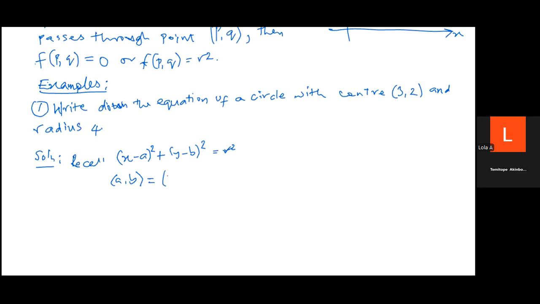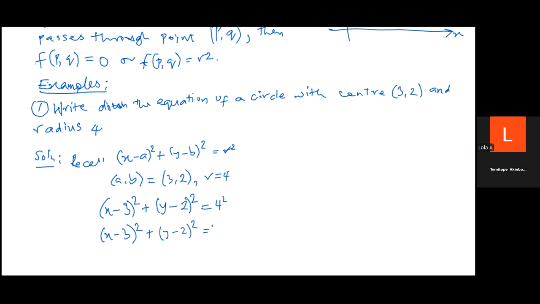So a is 3, b is 2, and the radius is 4. I substitute 3 for a, 2 for b, and 4 for r, so I have (x minus 3) squared plus (y minus 2) squared equals 4 squared, which I can write as (x minus 3) squared plus (y minus 2) squared equals 16.